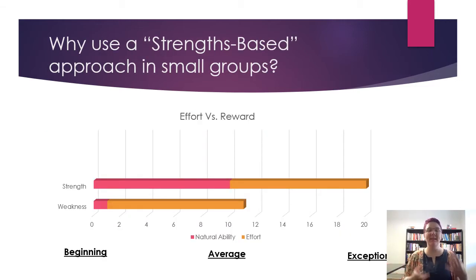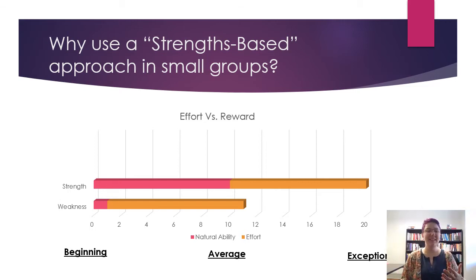And we do that because of this metric that is set up about effort versus reward. So let's say we take your natural strength in tennis. Right? If you're a pretty average tennis player just the first time you pick up a racket, but then you give it everything you've got, you put in 10 out of 10 on your energy, you can be up at an exceptional level.